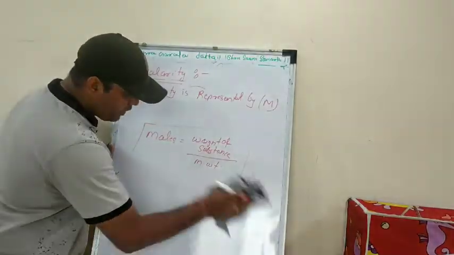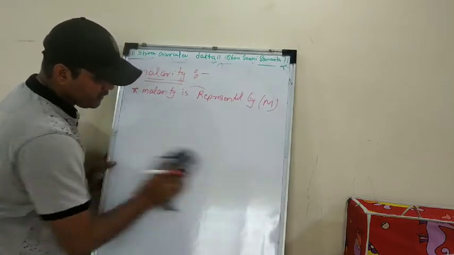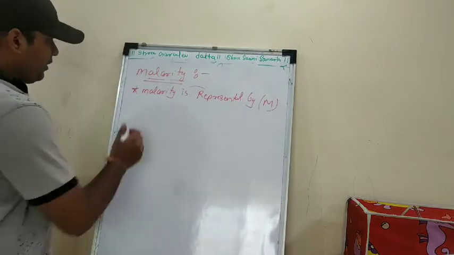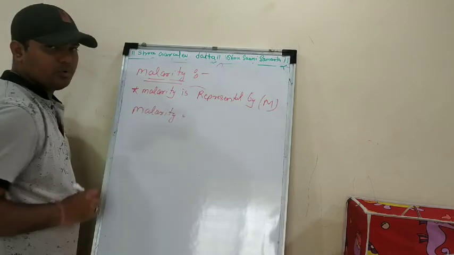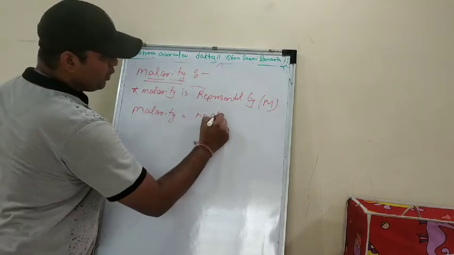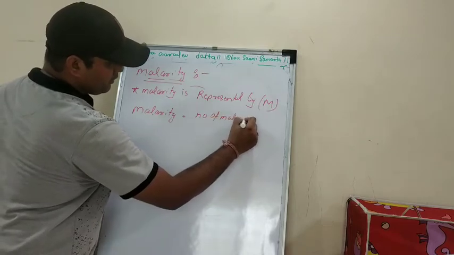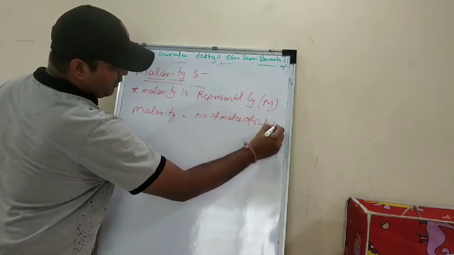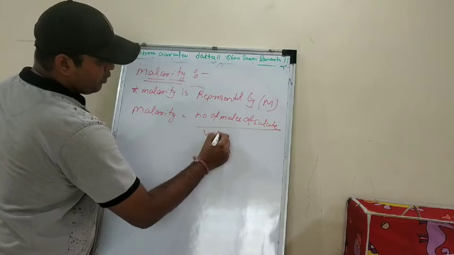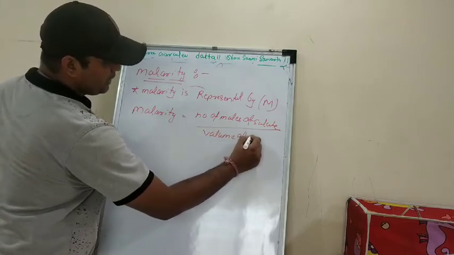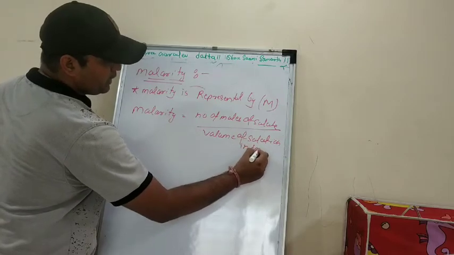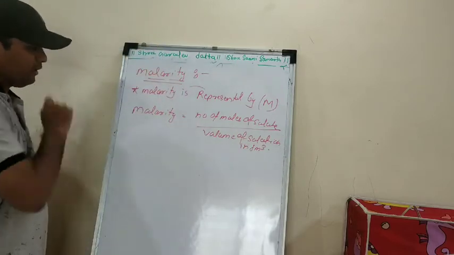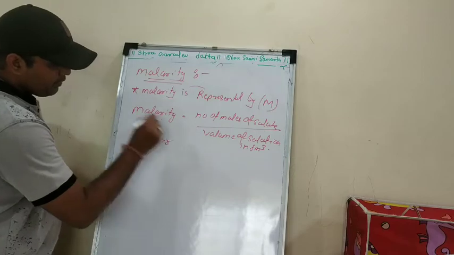Now let's see the formula of the molarity. Formula is very simple. Molarity equals number of moles of solute divided by volume of solution in dm cube, right? So this is the molarity. Now we can write another formula in a simple way.